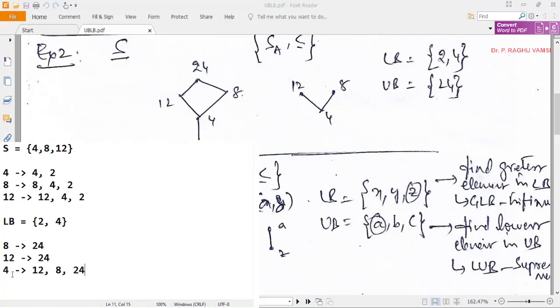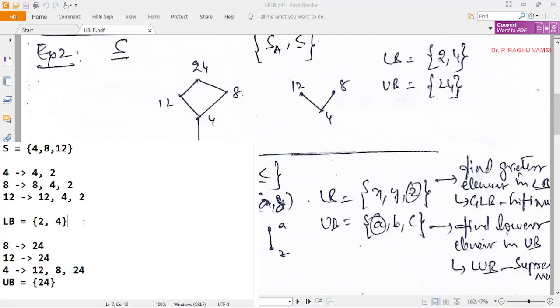Anyhow, what is the common element in the three elements? From 8 you can reach 24, from 12 also you can reach 24, from 4, 8, 12 and 24 is there. So 24 is common in three elements. Hence the upper bound is equal to 24.